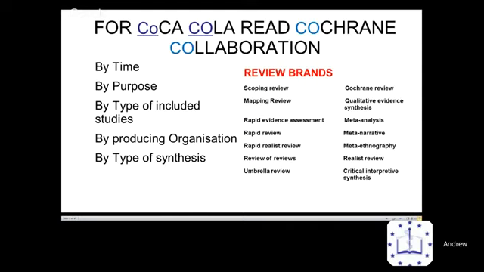What are they for? How could we help to decide what the appropriate literature search techniques are for each type of review? And it's complicated because the brands of review, if we can call them brands, some of them are named by the time they take, some of them are named by the purpose that they are there for, others are associated with the type of included studies.